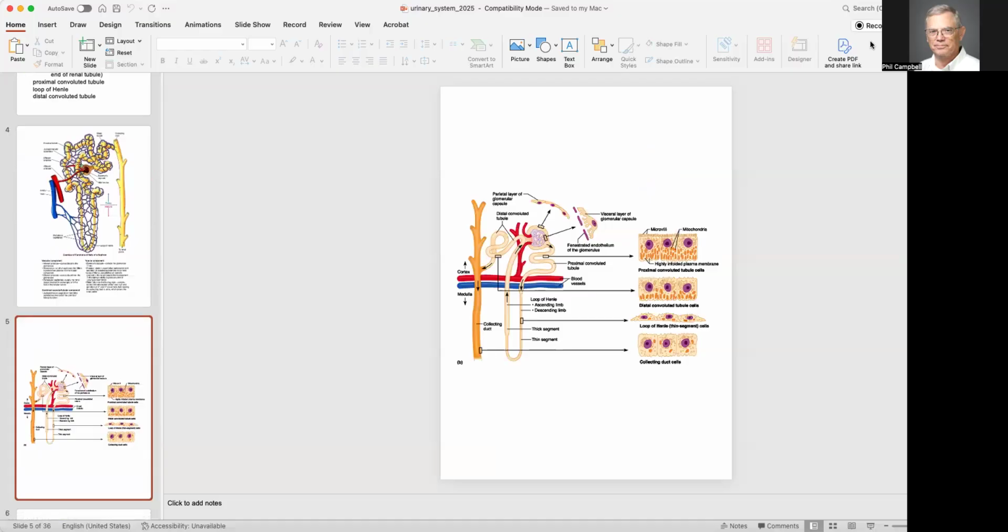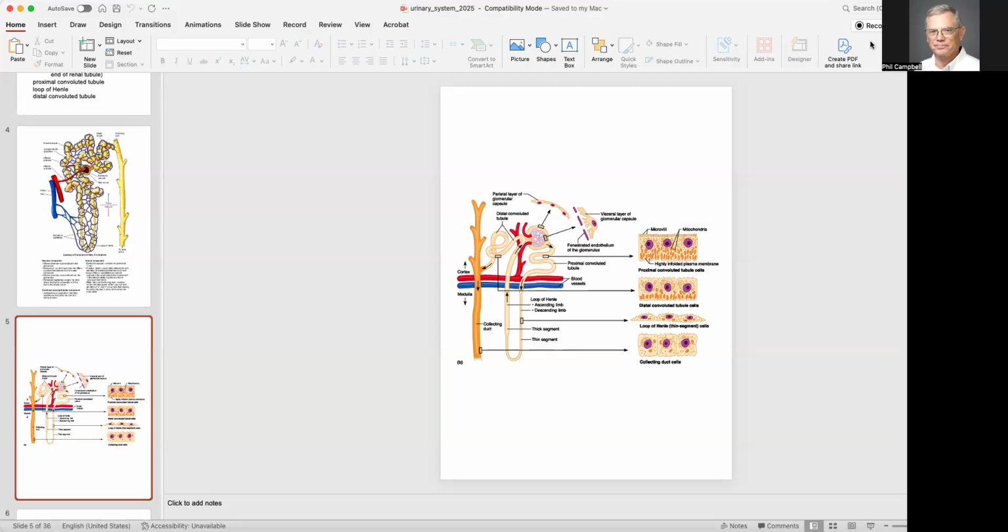Now, the tubule consists of cells that line this whole tubule, and they're called renal tubular epithelial cells. Even though they're basically epithelial cells lining the entire length of this tubule, as you go along and you're in different parts of the tubule, those cells have different functions and they look different.